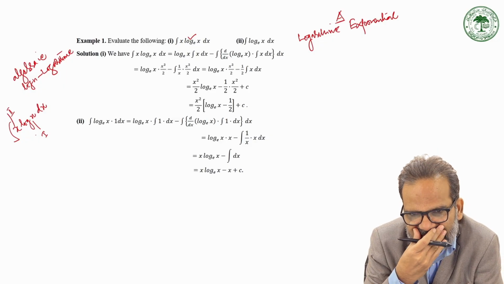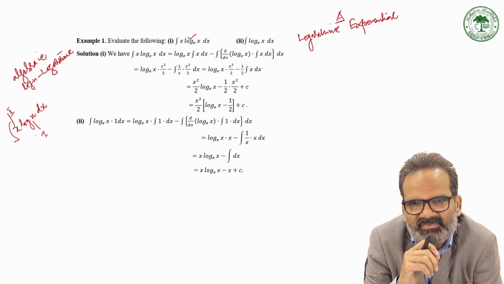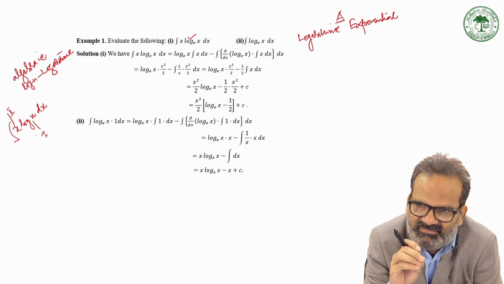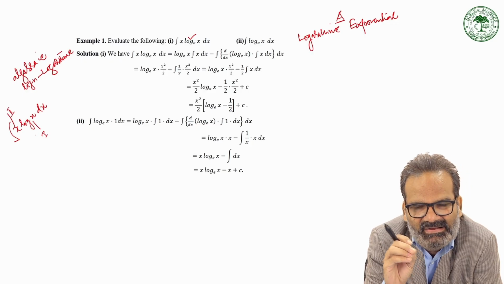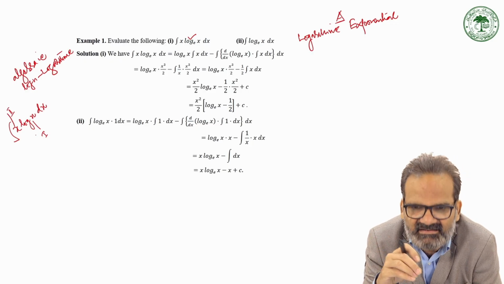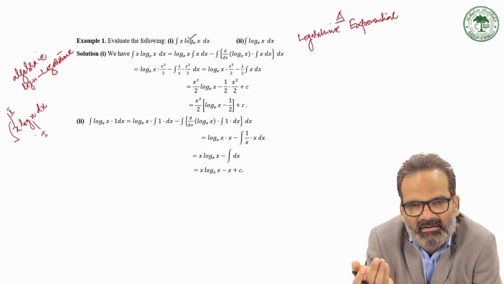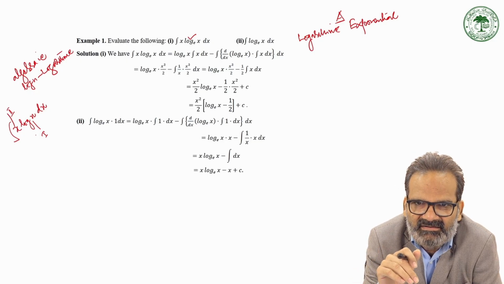Now we will use the method of integration by parts, which simply says: the first function as it is into integral of the second function, minus integral of the derivative of the first function into again the integral of the second function, with dx.